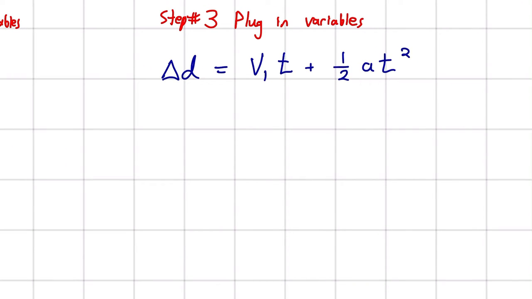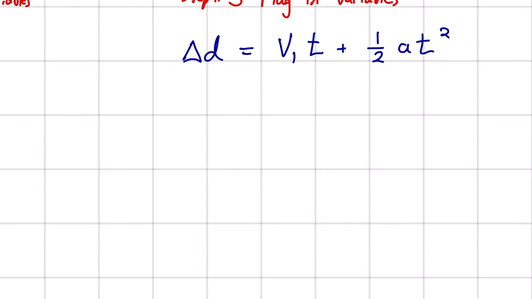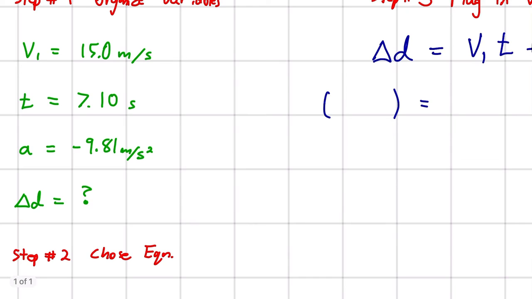And now all we have to do is plug our given variables into this equation. So our delta d, well, that's our unknown, so when we write this in the equation, we're going to keep it delta d.